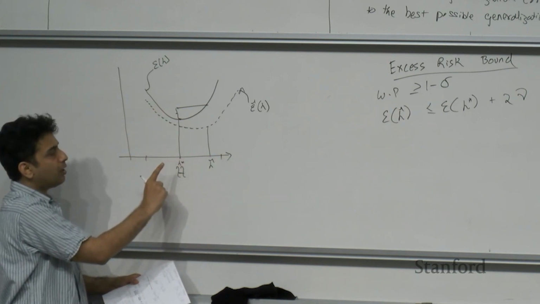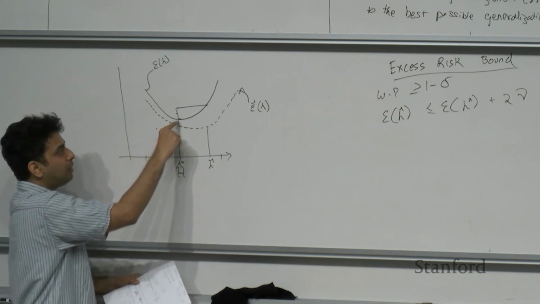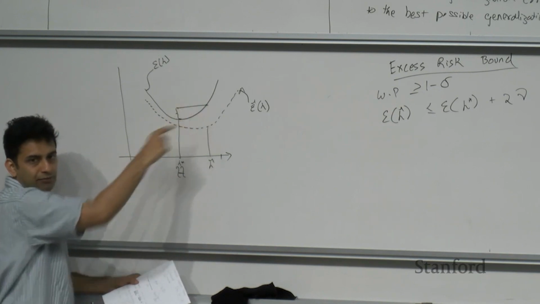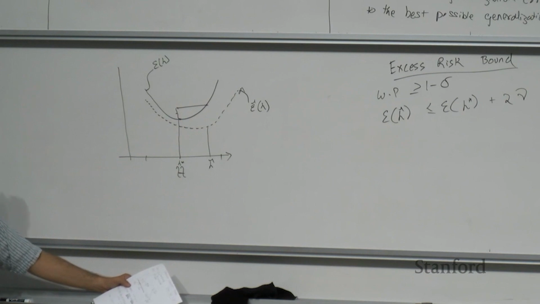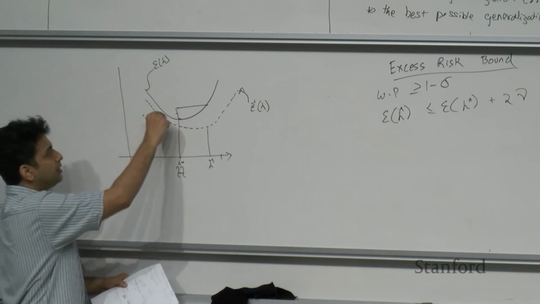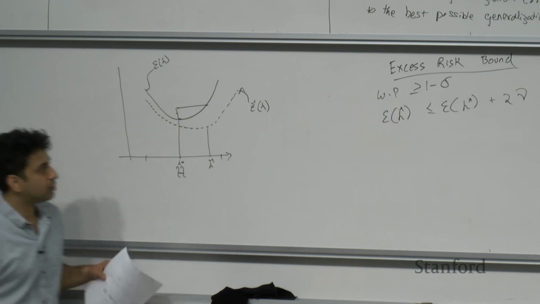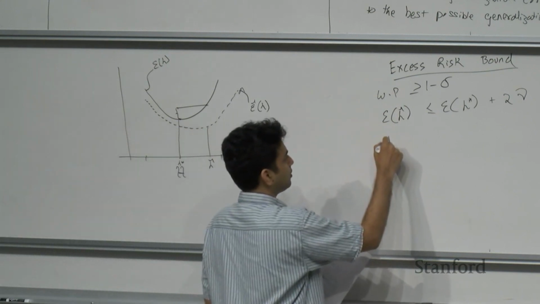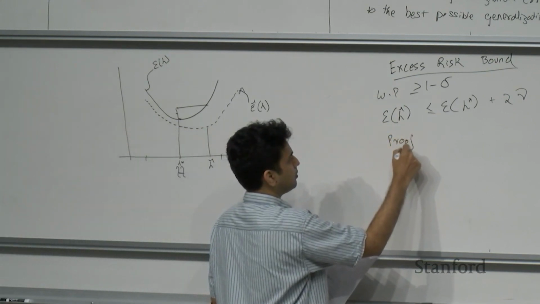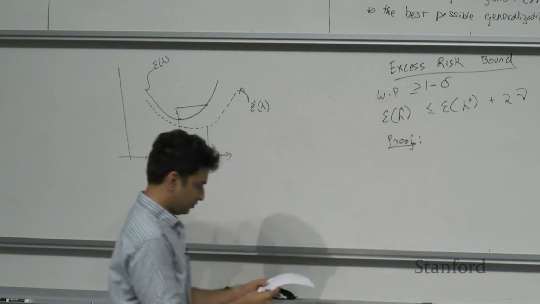But instead what we want is a bound on the gap between two points on the thick line itself. How do we go from this bound to that bound is the question for this proof. The proof is pretty nice and intuitive.